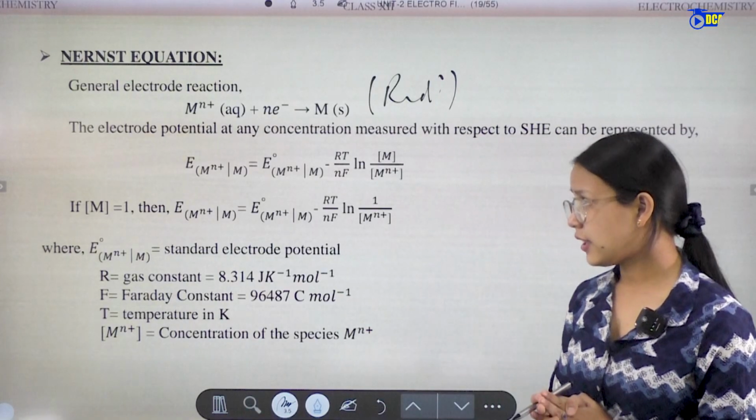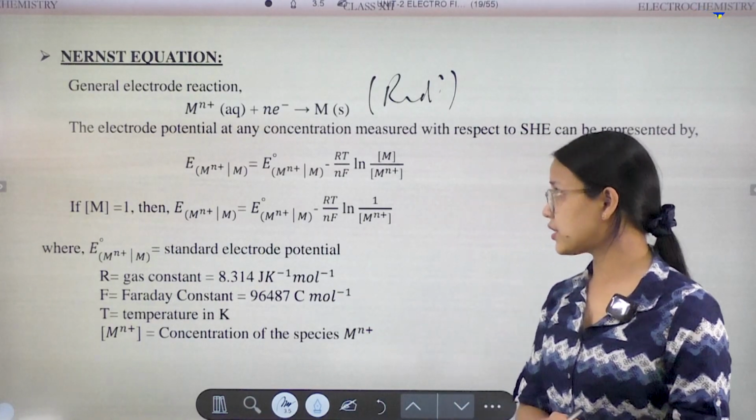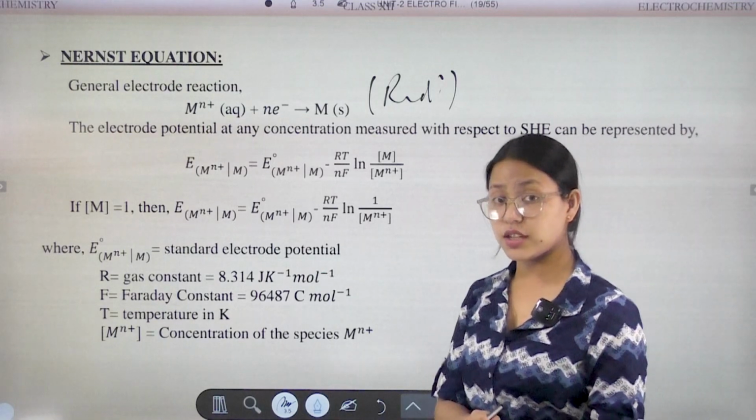Electric potential at any concentration is measured with respect to the standard hydrogen electrode.